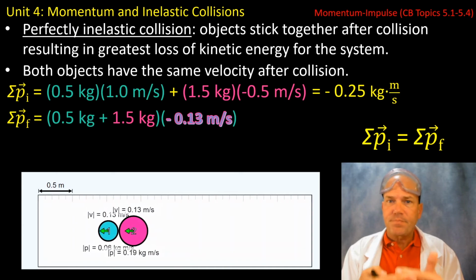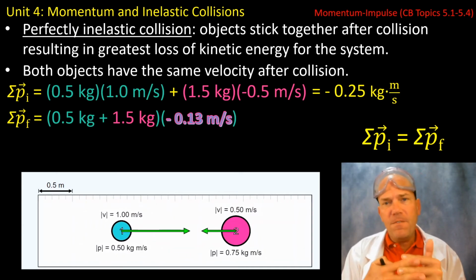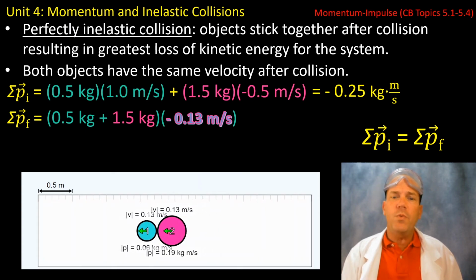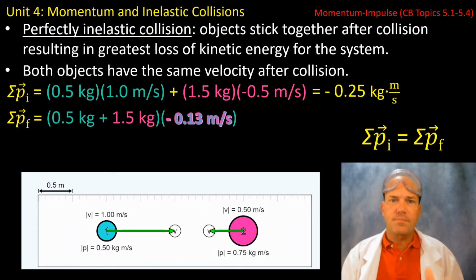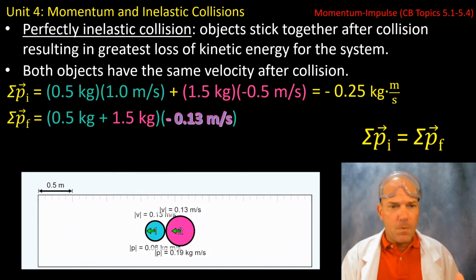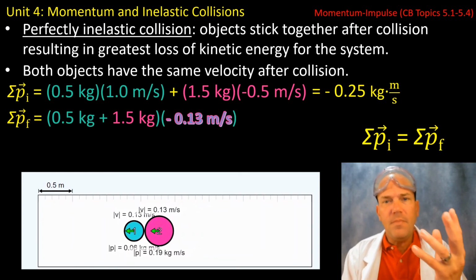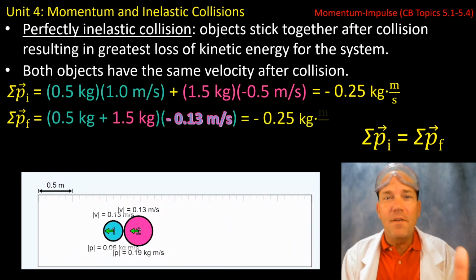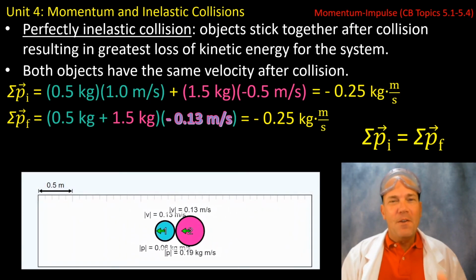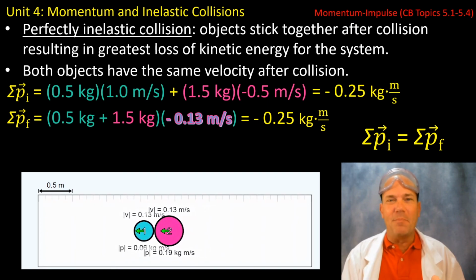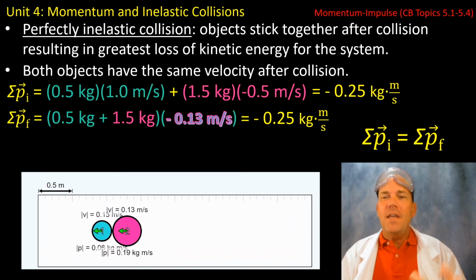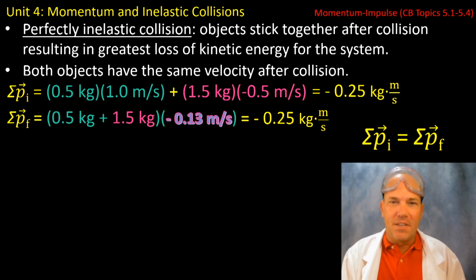Also notice they share a final velocity, and that final velocity is negative 0.13 meters per second. Now we predict, is momentum conserved for this collision? And the answer is, of course it is, because momentum is always conserved for an isolated system. So we get the exact same answer before and after the collision.